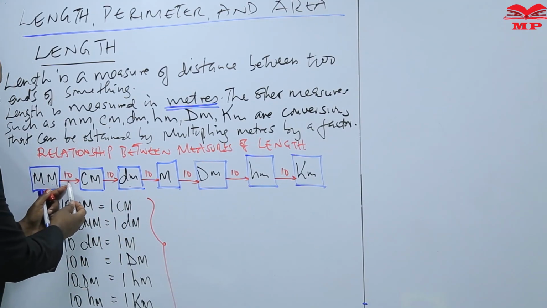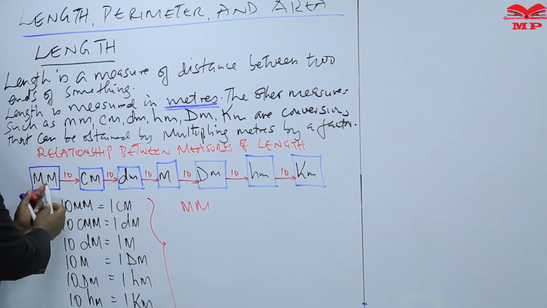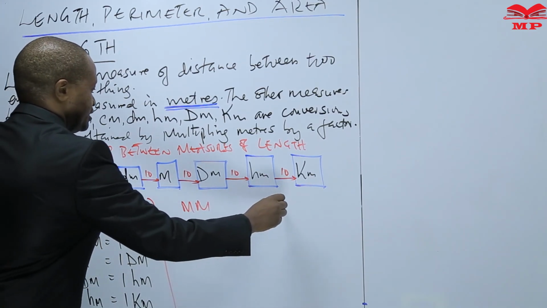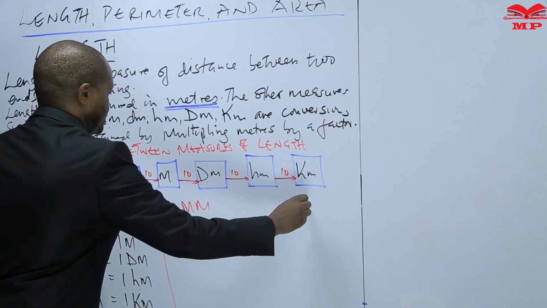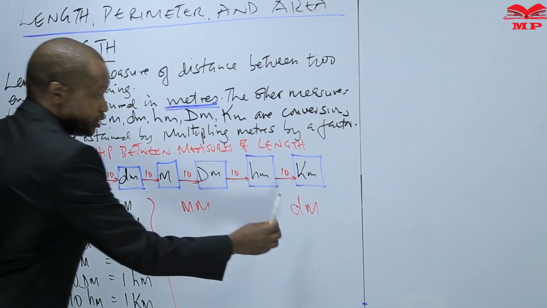You get the product of the tens between the two. We are talking here of millimeters and decimeters.